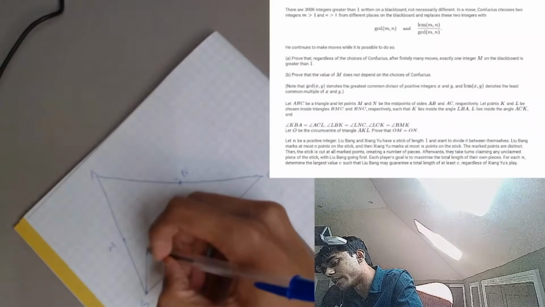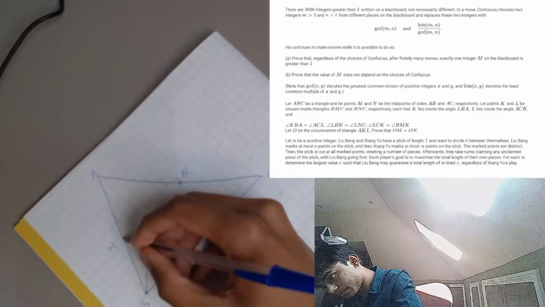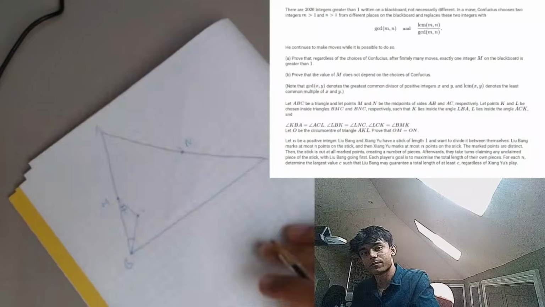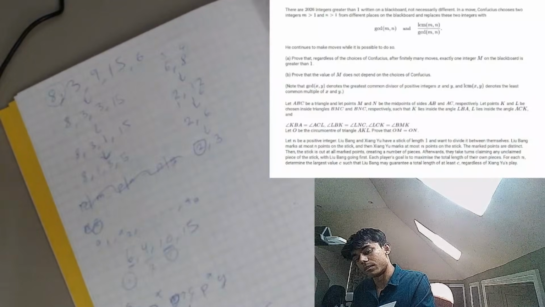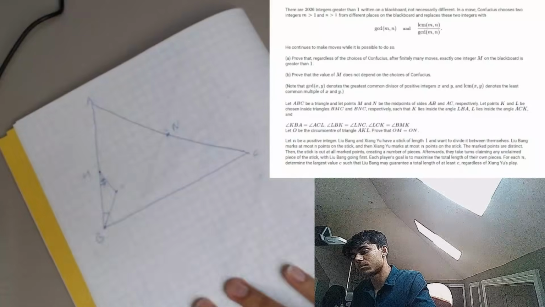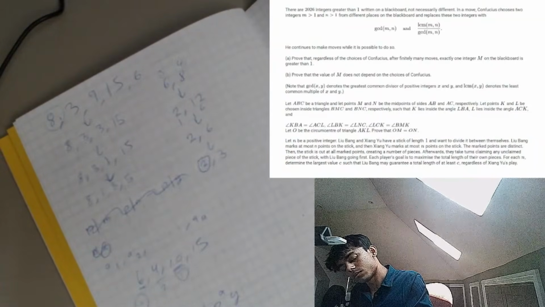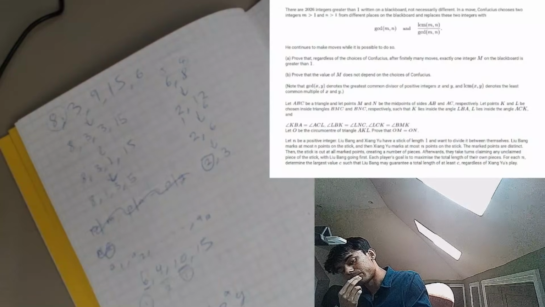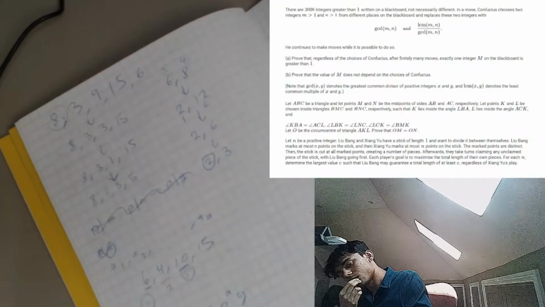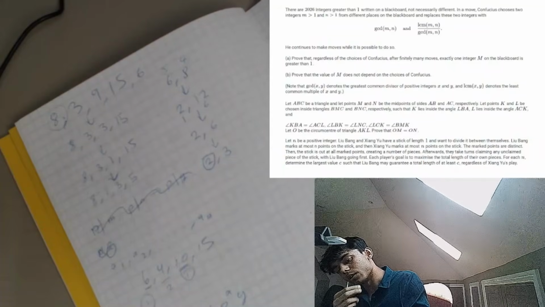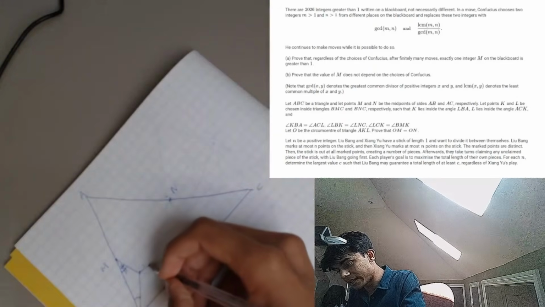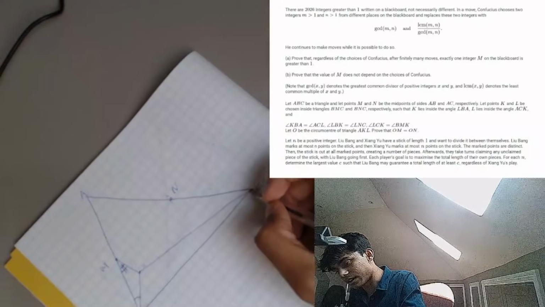So let's construct a point K. And now we want to construct a point L. Well, angle BKM is 180 minus angle KCA.